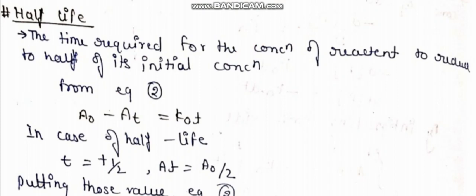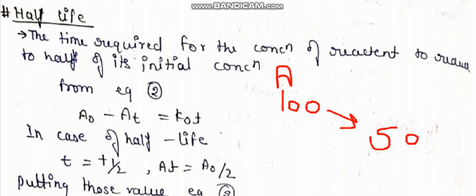Then the half-life for a drug which follows zero order is calculated. Half-life is the time required for the concentration of reactant to reduce to half of its initial concentration. Suppose the reactant was A and its initial concentration was 100 mg, then at which time does this concentration change to 50 mg.